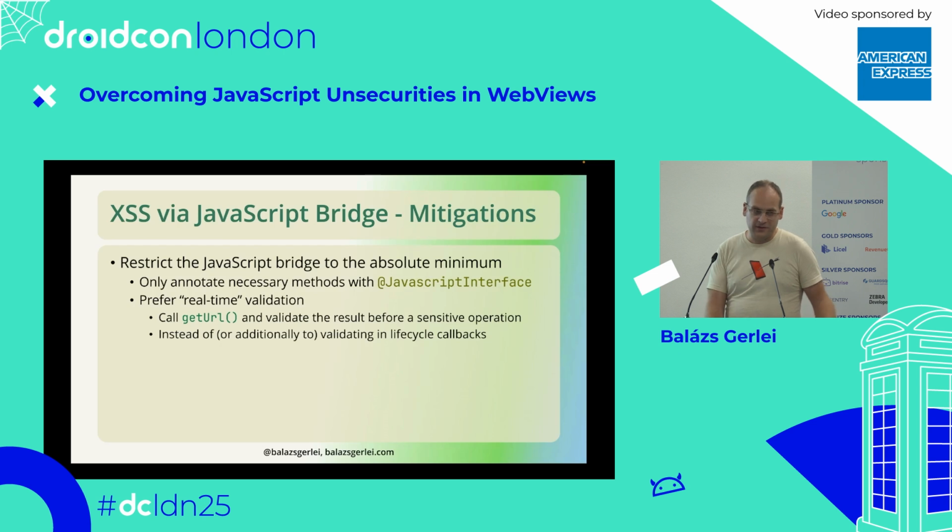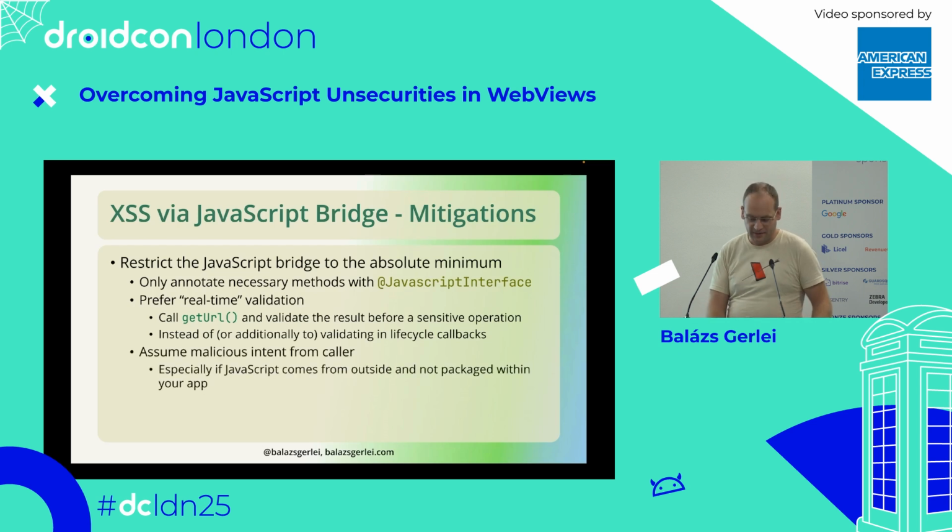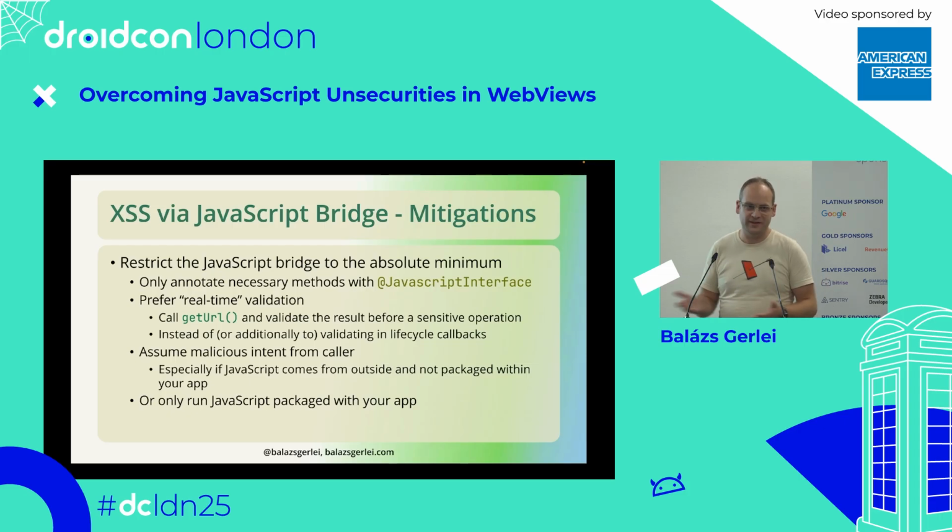You can also combine this with lifetime-based checks, but always use the real-time check as well. And lastly, you can only run JavaScript packaged within your application, which is always the better idea, because then you can trust it mostly. I mean, except for the application being repackaged, but that's another kind of security problem.